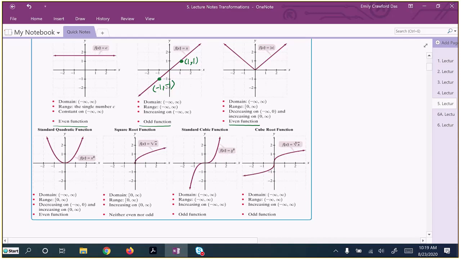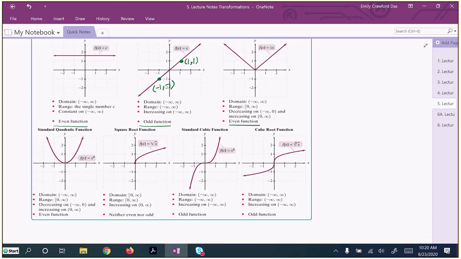The standard cubic function x cubed has this snake shape. Its domain is all real numbers, range is all real numbers, and it's an increasing function everywhere. And similarly, the cube root, x to the power 1/3, or cube root of x, has also this kind of S shape, and its domain and range are all real numbers, and it's increasing everywhere.